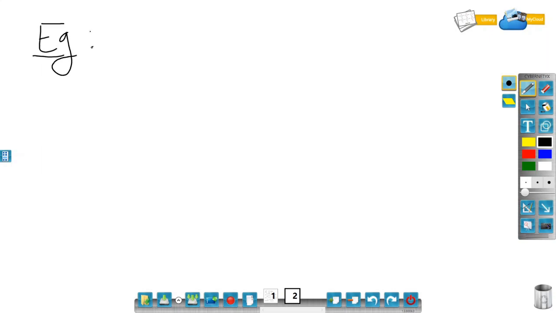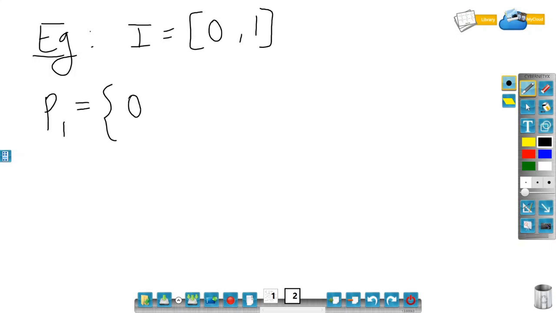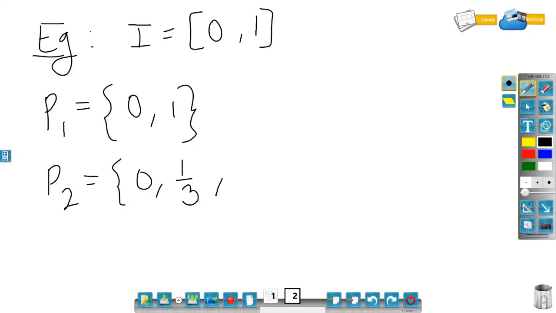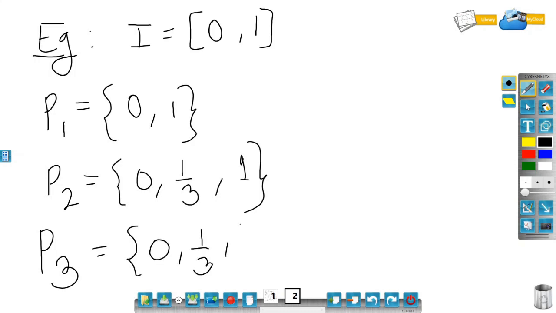Suppose I have a set I equal to the closed interval 0 comma 1, and let me take three partitions: P1 which is {0, 1} itself, P2 which is {0, 1/3, 1}, and P3 which is {0, 1/3, 1/2, 1}.